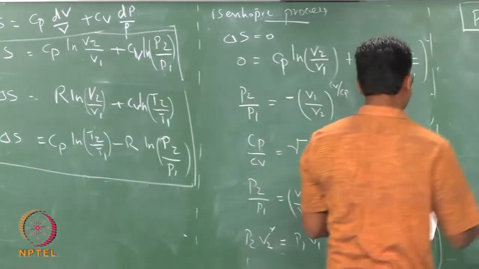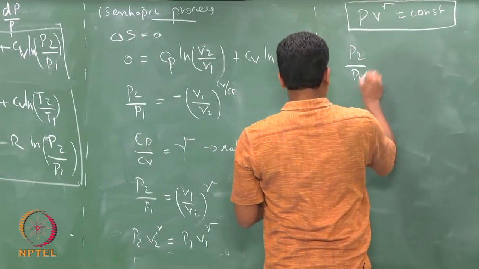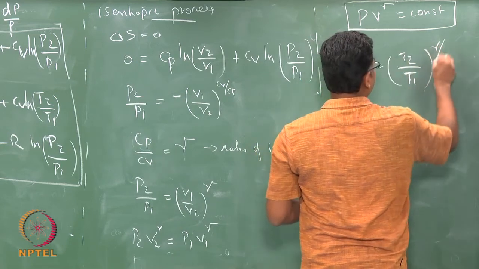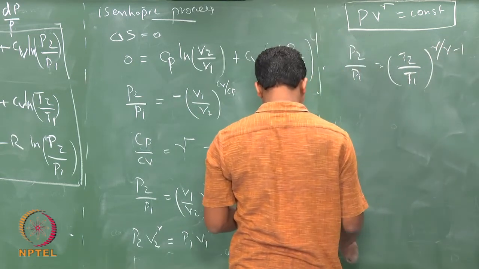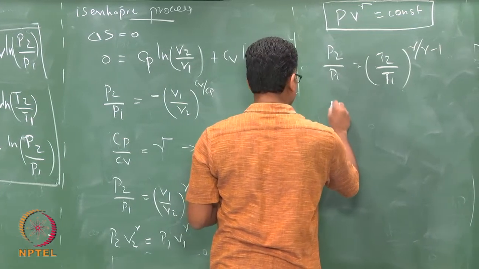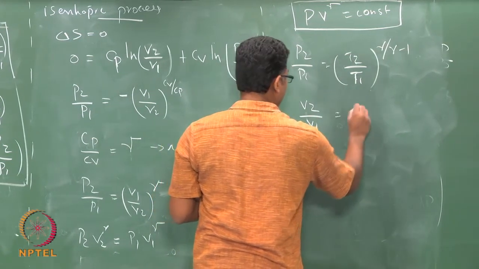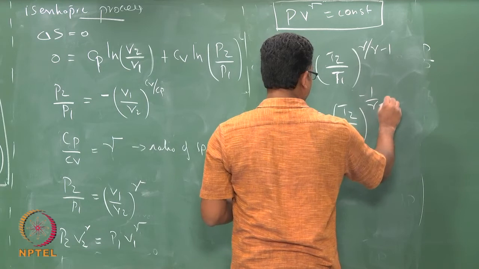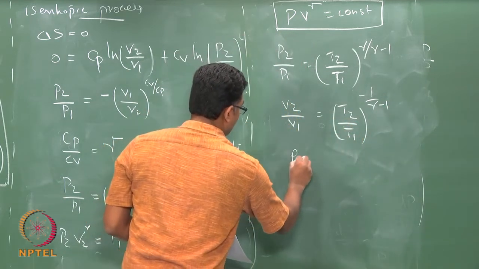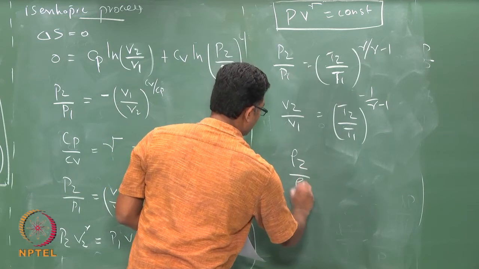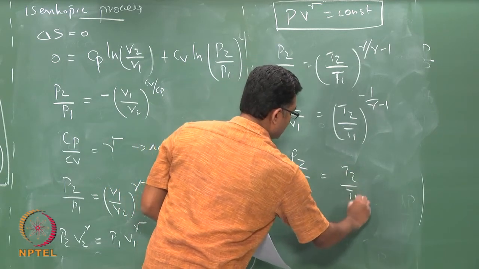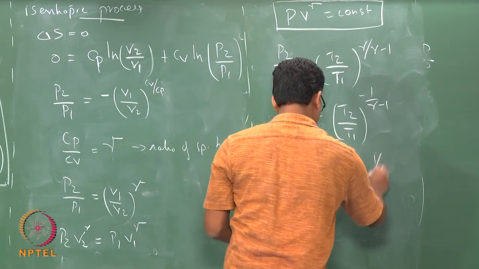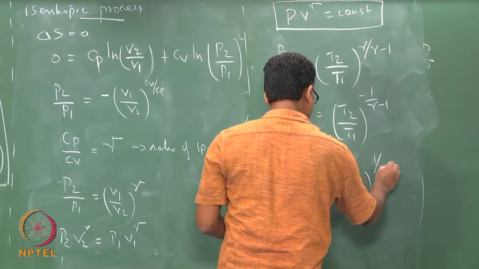You can write P2 by P1 equals T2 by T1 to the power gamma by gamma minus 1, and V2 by V1 equals T2 by T1 to the power minus 1 by gamma minus 1, which I can rewrite as rho 2 by rho 1 equals T2 by T1 to the power 1 by gamma minus 1.